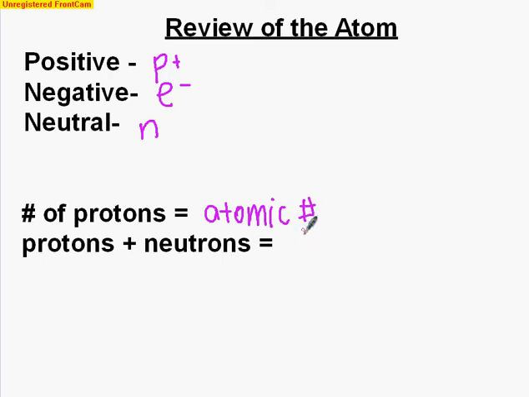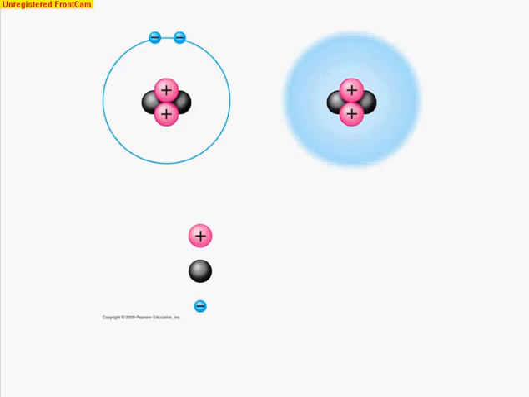Protons plus neutrons equals the atomic mass. Looking at where these particles are located, protons and neutrons are in the nucleus of the atom, whereas the electrons here are going to orbit the nucleus.